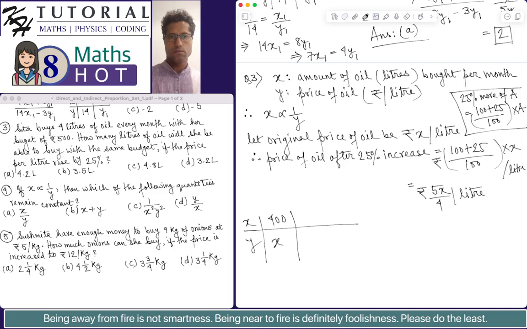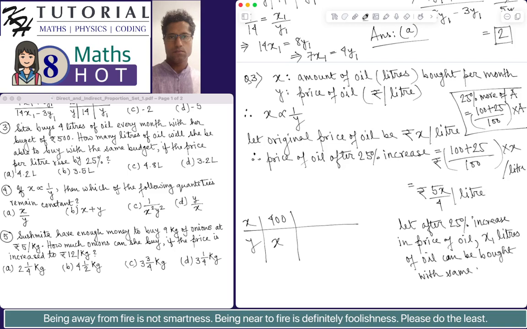So let's say we are assuming, once again, that after a 25% increase in the price of oil, X1 liters of oil can be bought with the same budget, that is rupees 500.